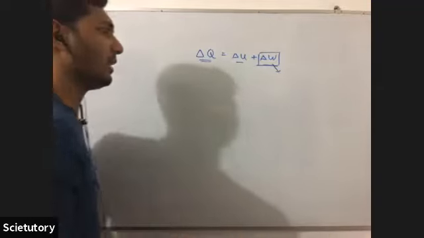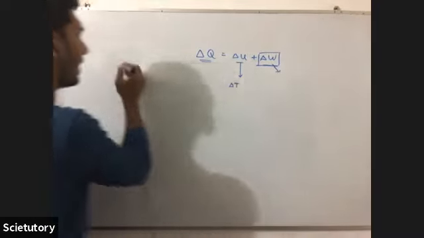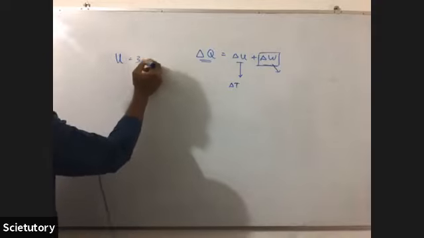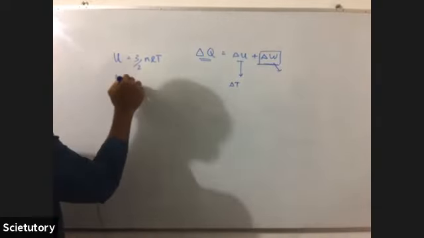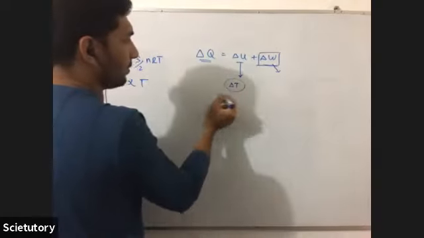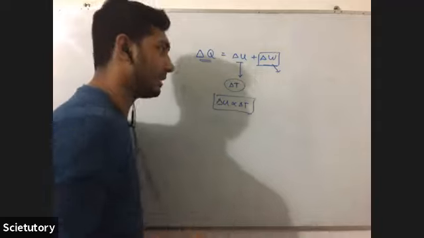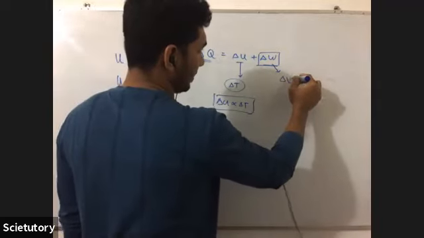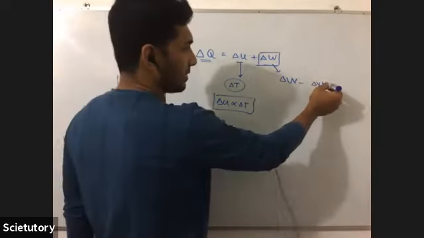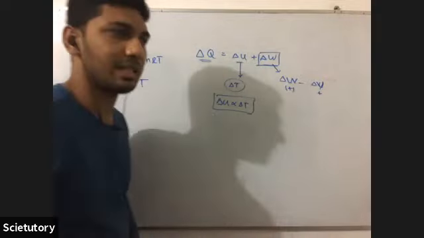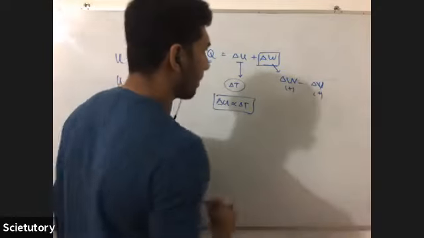Usually delta U is related to temperature because the kinetic energy is 3/2 nRT, so it's directly proportional to T. We can write delta U is directly proportional to delta T. And delta W is related to the volume change. It is not directly proportional, but if the volume change is plus, delta W is also plus. There is no proportionate relationship.